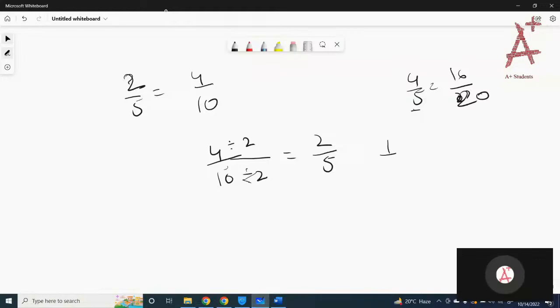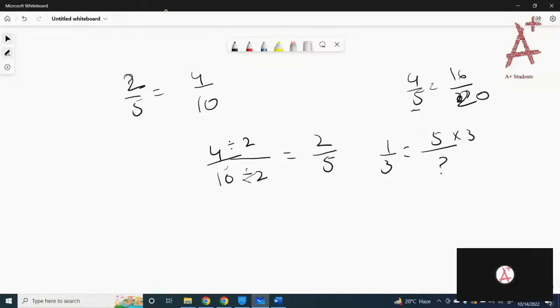Okay, the next one is 1 divided by 3 equals 5 divided by the missing number. So you have to make the numerator the same. Here you have 5. We need to make the numerator 5 here. Got it? So let's just multiply both the numerator and denominator by 5.